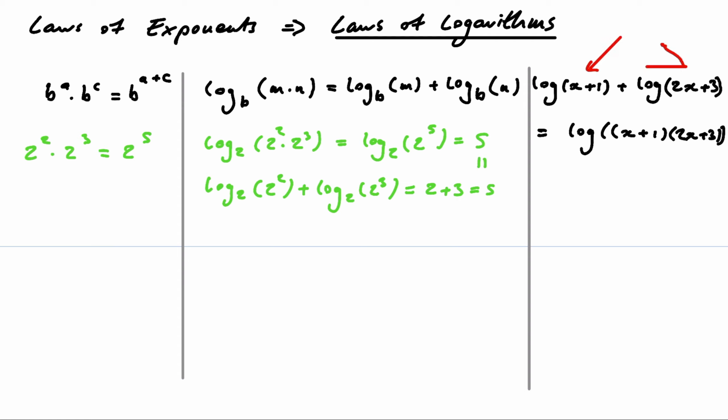So we're going to assume these are positive. So I suppose if you want, you could factor this out, the usual business. This would be equal to log of 2x squared plus 5x plus 3 in the end. Okay, assuming everything's positive.